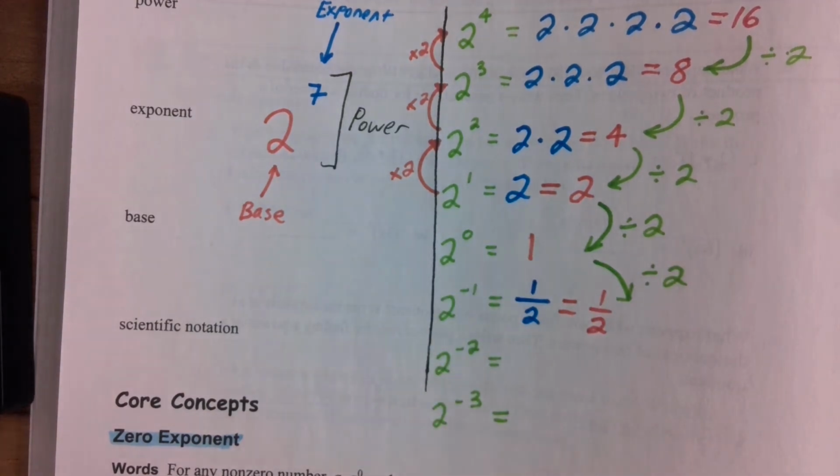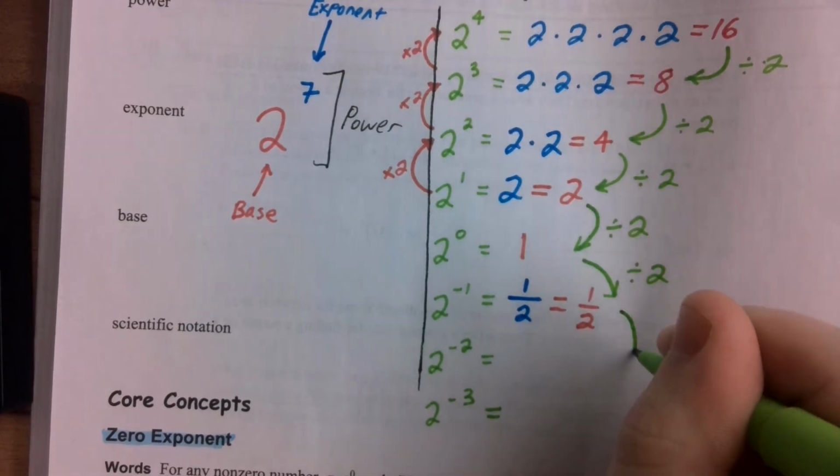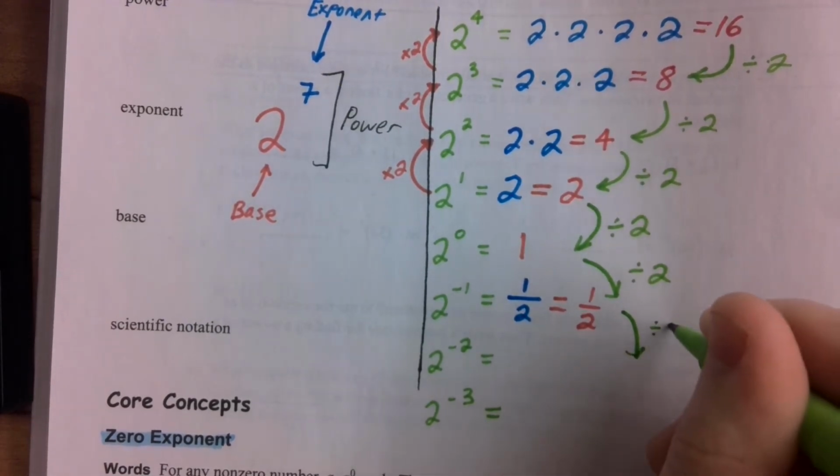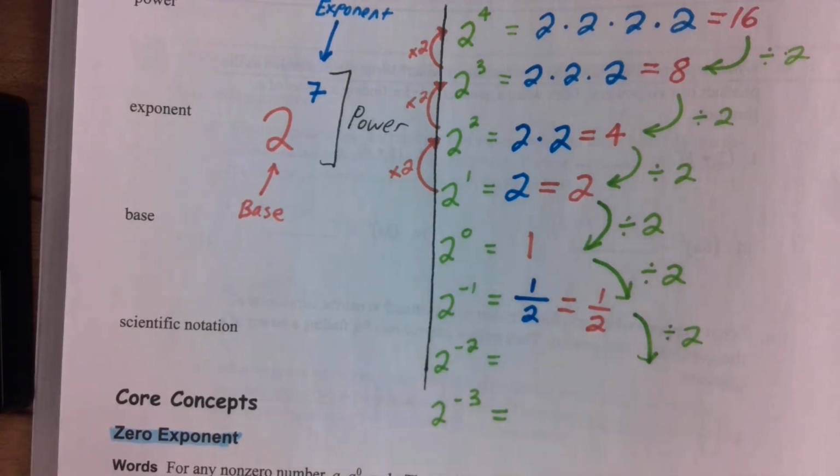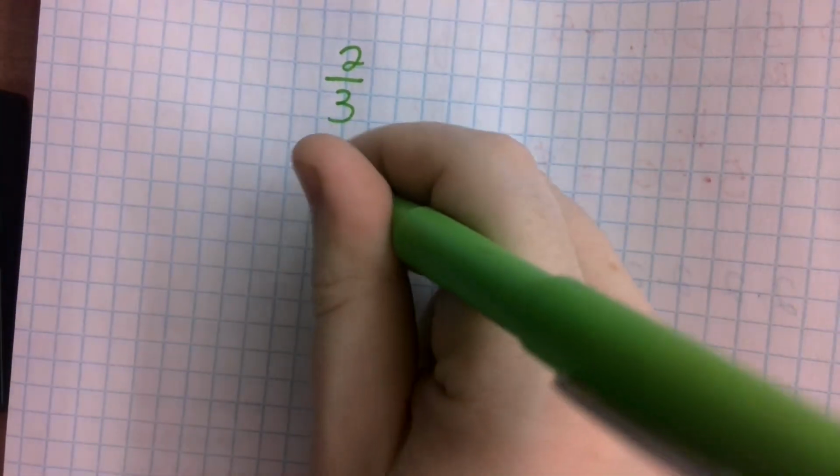Let's try this again with the next one. Now, many people might not remember how to divide a fraction by 2. Here's a little trick to keep in mind. Let's say we have the fraction 2/3. I want to multiply 2/3 by 5.